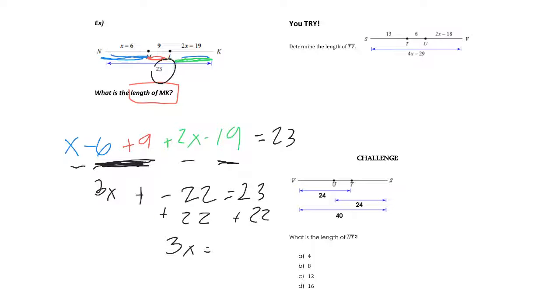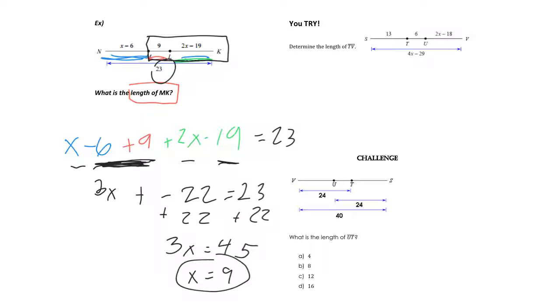So 3x equals 45. Divided by 3, x equals 15. Okay, x is 15, but that is not how long MK is. I have to be careful here, because I want to go back and substitute in for MK. That's 9 plus 2x minus 19.